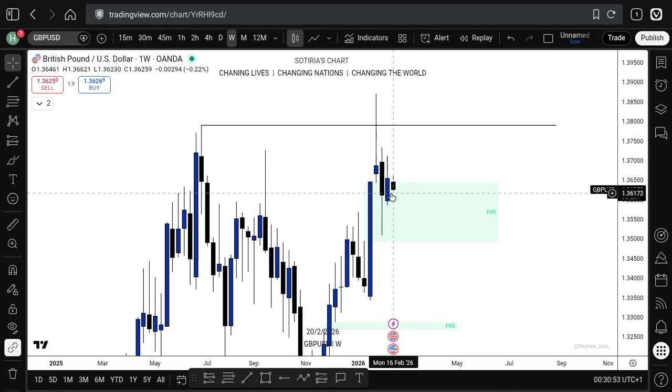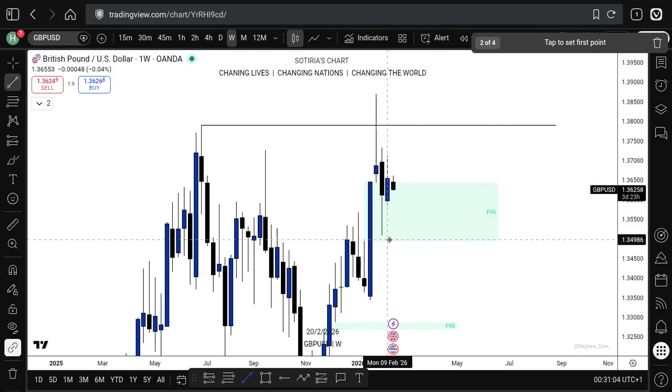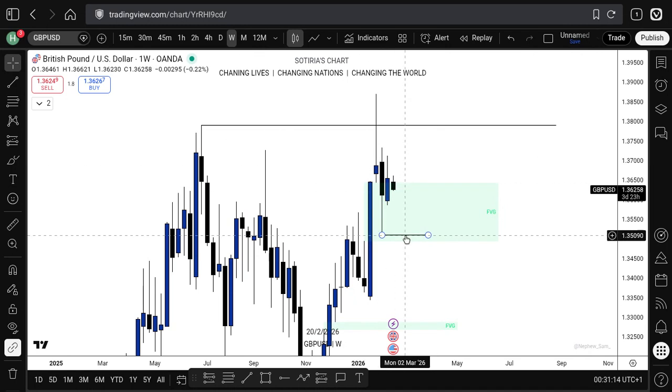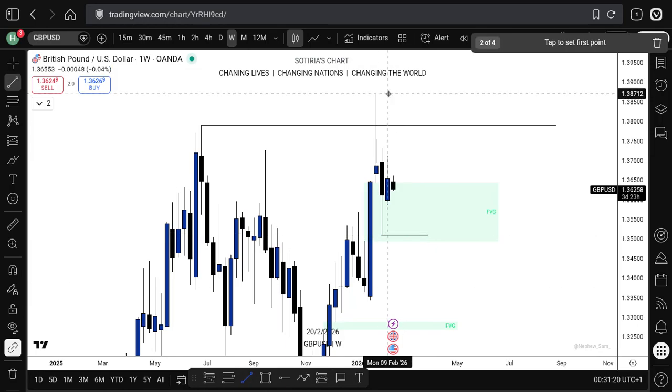We can see that the previous week closed with a little rejection, reacting from last week's bearish engulfing, which is these two structures right here. So I expect price now to take this low this week, and invalidation is price taking this high.